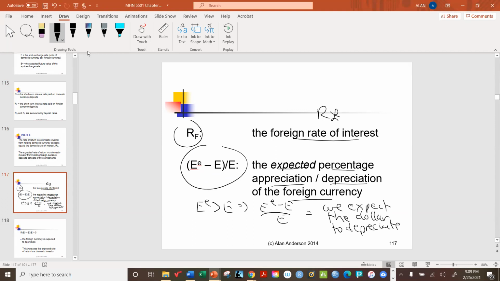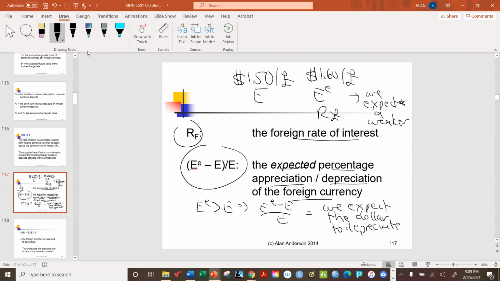Okay, because remember, if we're talking about dollars per pound, let's say that we currently have $1.50 per pound and EE is, let's say, $1.60. That implies that we expect a weaker dollar. And that means that the return to the pound will be higher than the dollar.